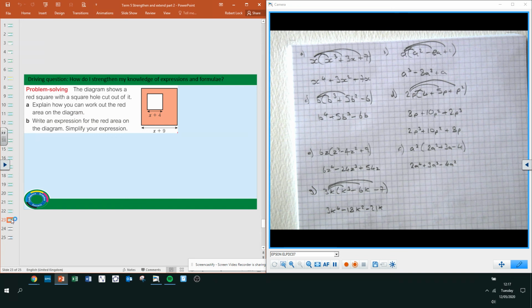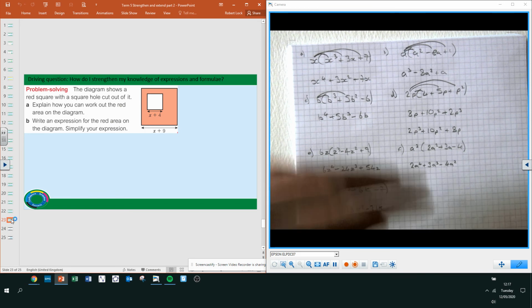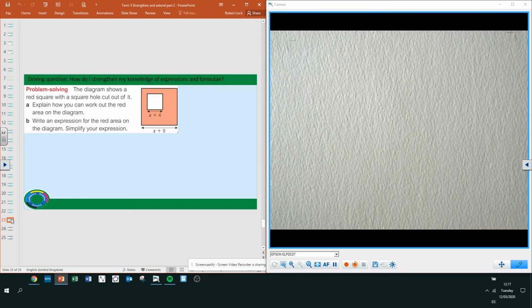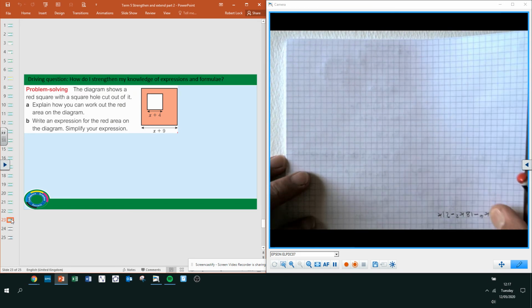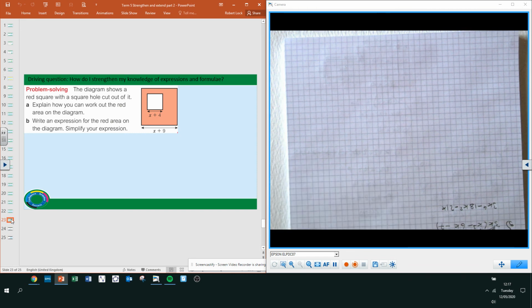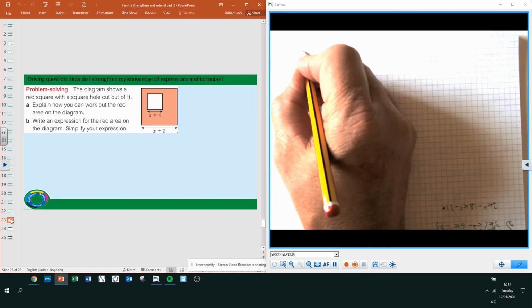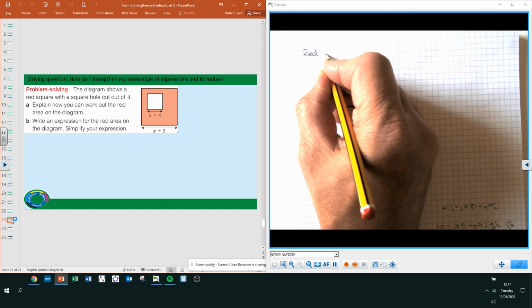Problem solving. The diagram shows a red square with a square hole cut out of it. Explain how you can work out the red area on the diagram. Red square, what was it?